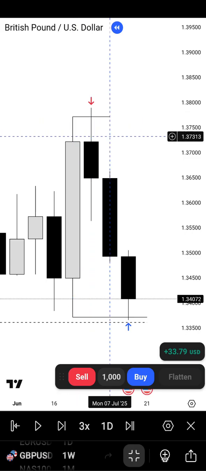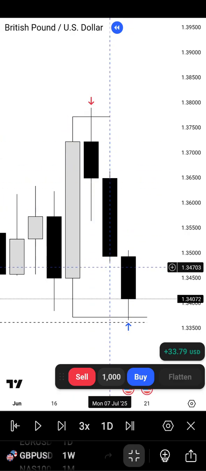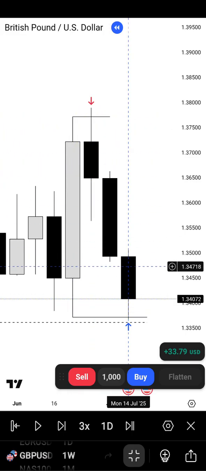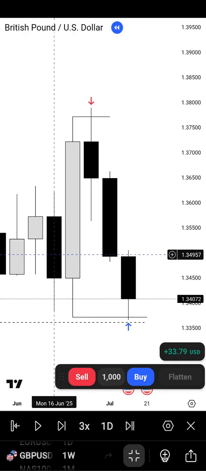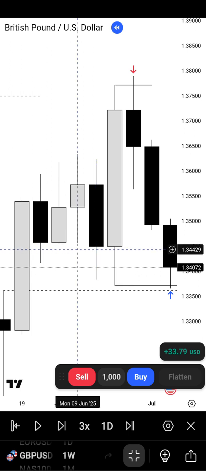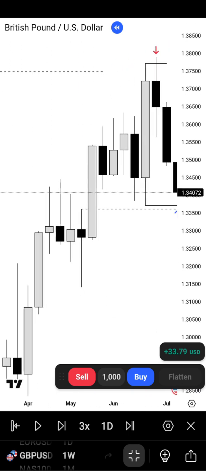That is another way to probe bias. So wick above is lower prices. As you can see, this wick above is lower prices, whereas wick below is higher prices. You see wick below right here, for example here, wick below is higher prices, right? I could give you an example right here. See this wick below.